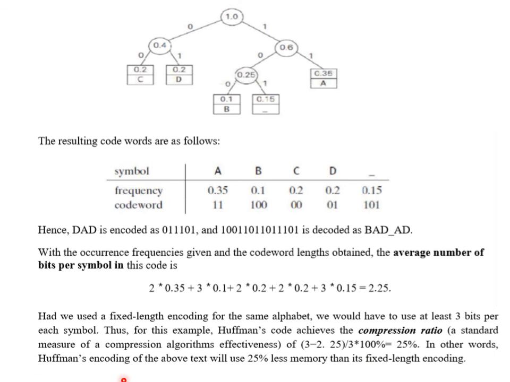In other words, Huffman encoding of the above text will use 25% less memory than its fixed length encoding. This is the advantage of the Huffman encoding. So for any characters in a text with frequencies available, we can use the Huffman encoding technique, and it is very useful, with an improved compression ratio, because for each character it uses a different code word.